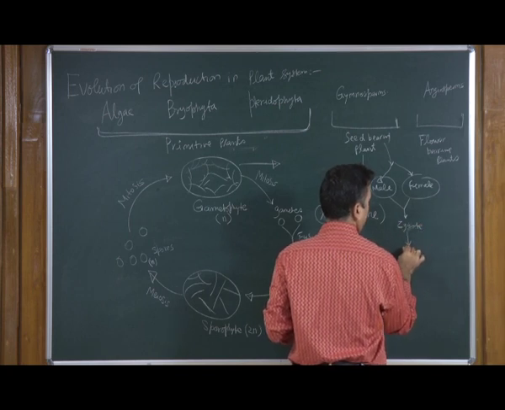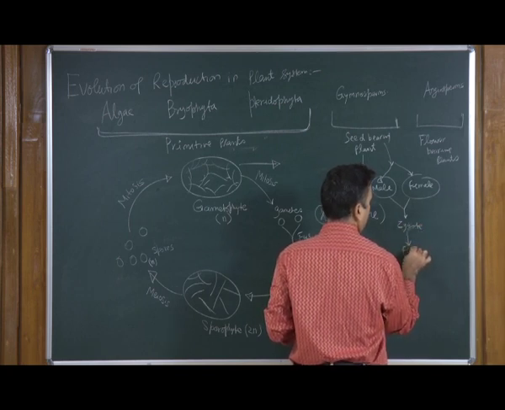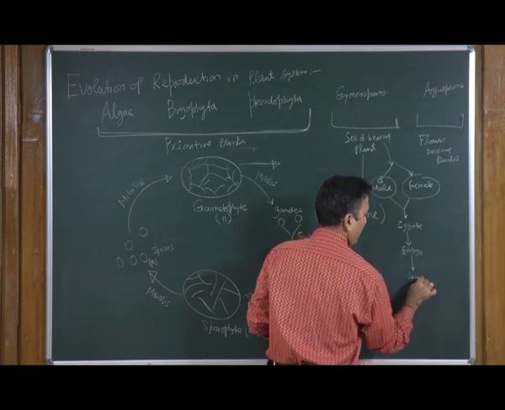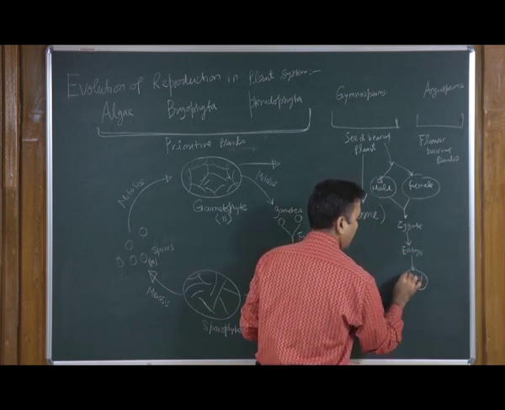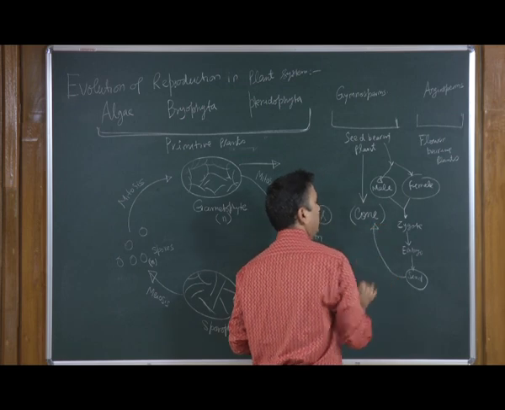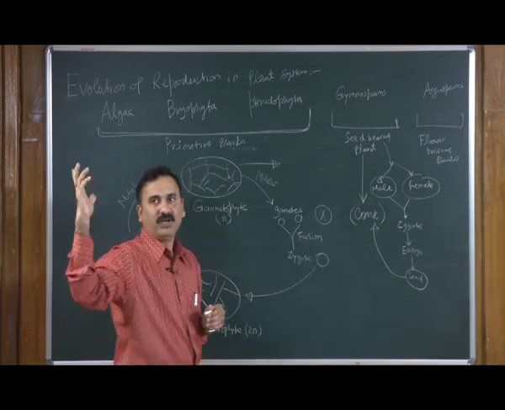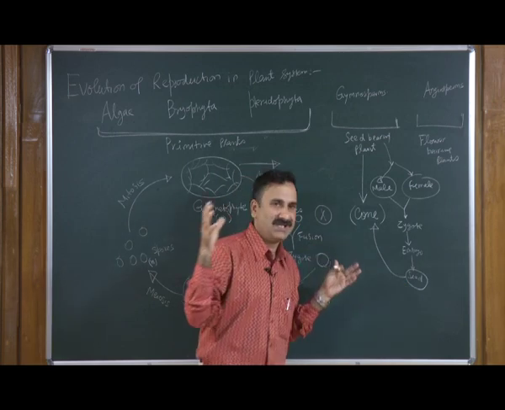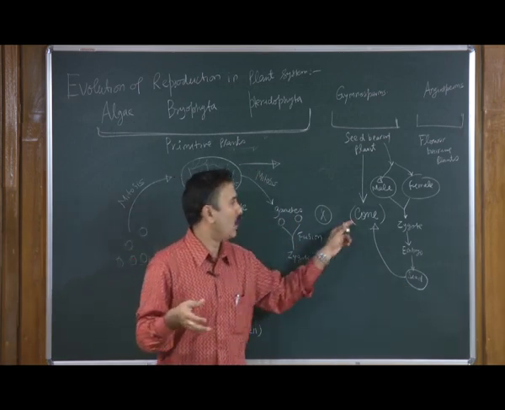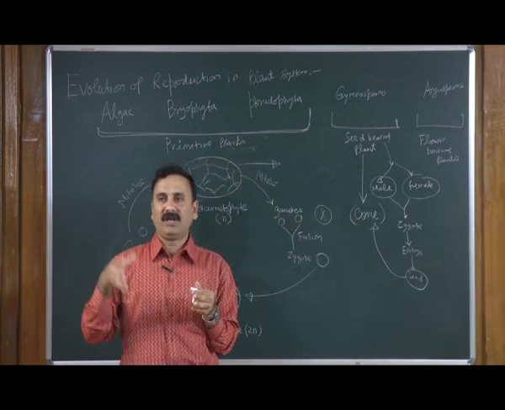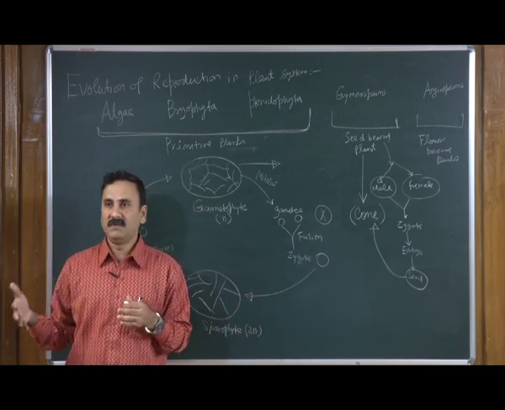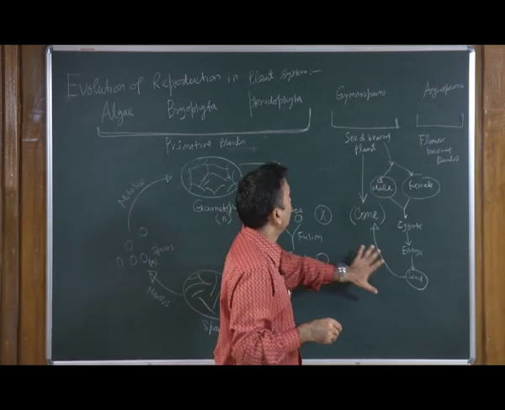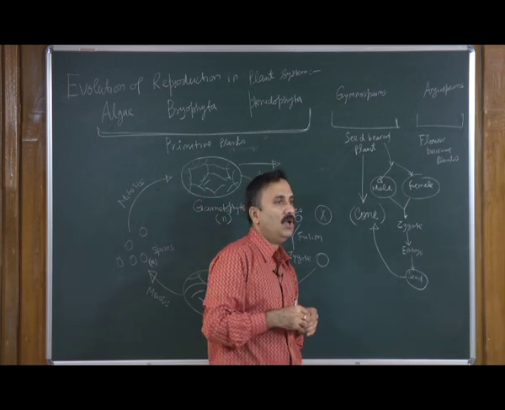The zygote will eventually develop into an embryo, and this embryo is present in the form of a seed, and this seed is not thrown into the environment. It is stored in a specialized structure known as the cone, and this cone protects the seed from adverse environmental conditions, and because of that the success of sexual reproduction goes up in the case of gymnosperms.